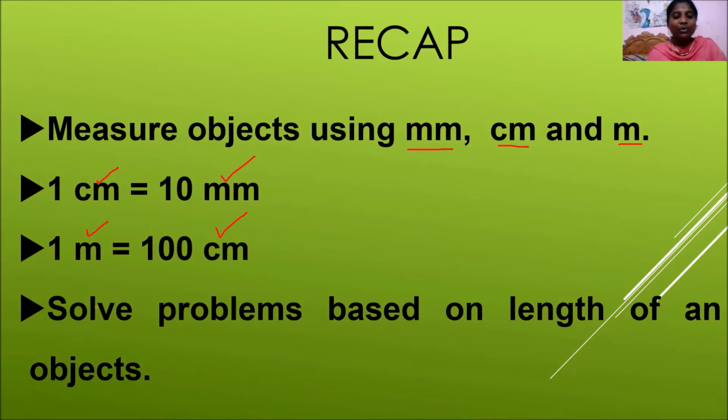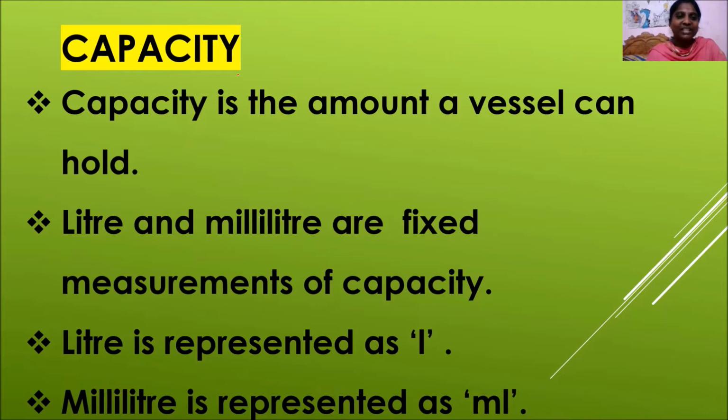Finally, we learned how to solve the word problems based on length of objects. Let's move on to today's topic, capacity. Capacity is the amount a vessel can hold. That means the maximum we can fill in that vessel.